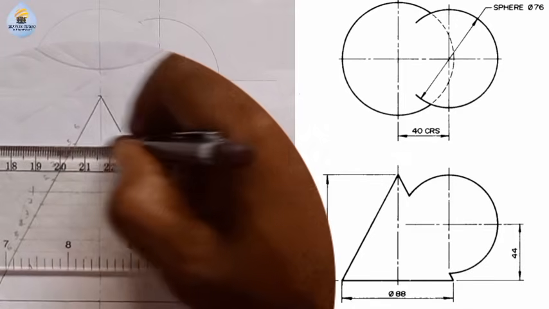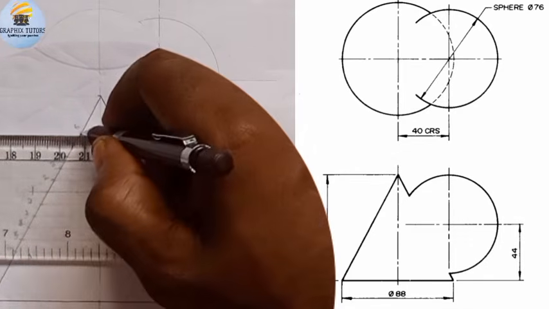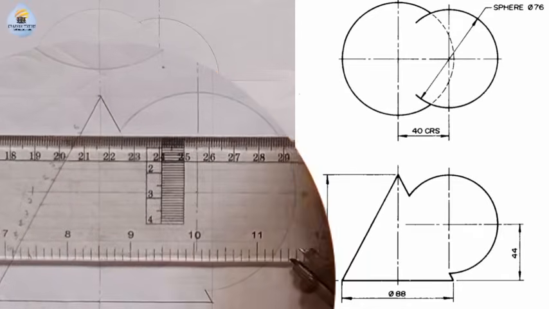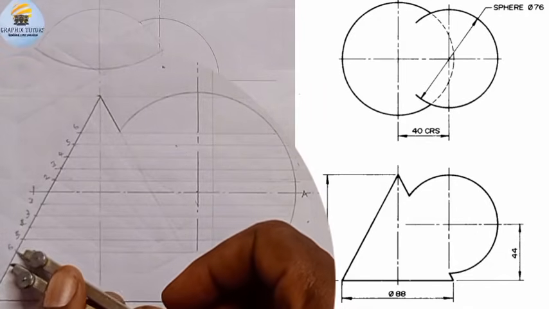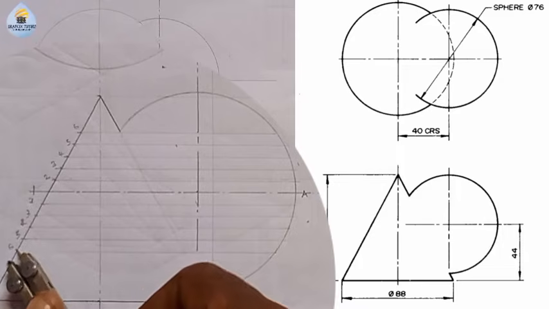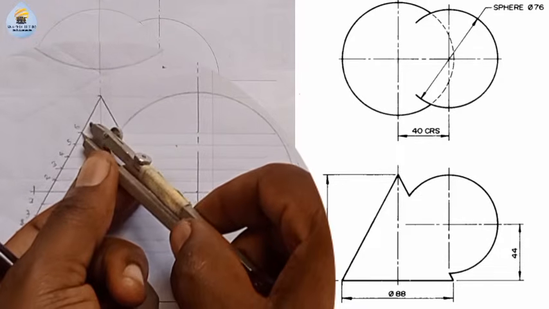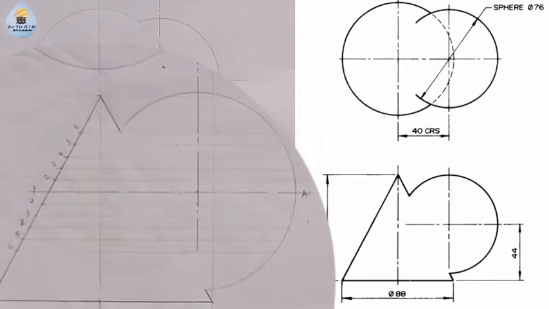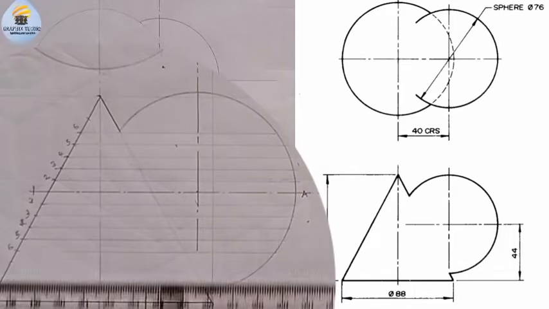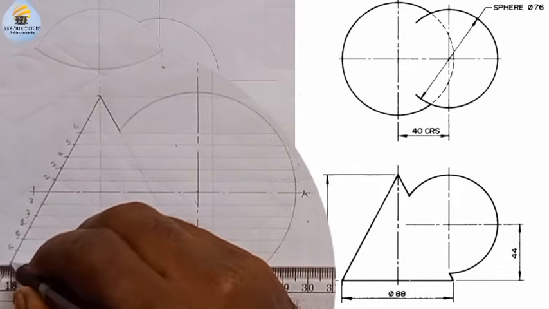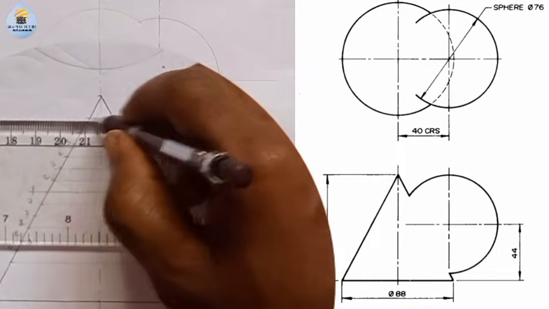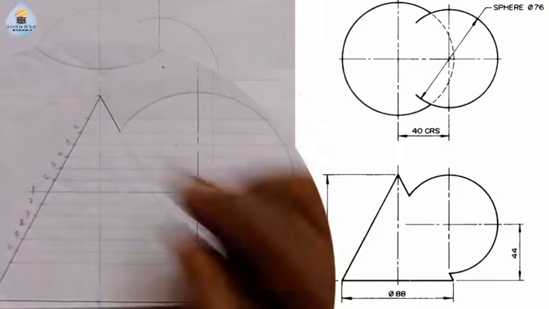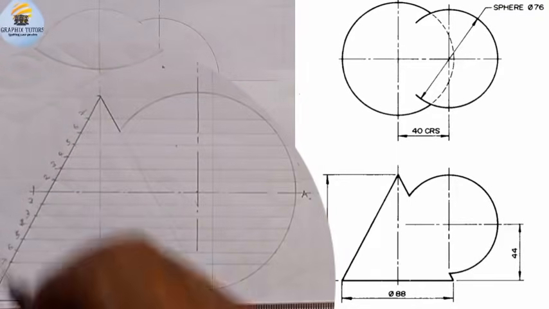I can still continue since I still have space there. This is 6, this will be 7, this is 6, and this will be 7, right? So I can easily just increase it to that level here and here. So that is 7 and 7.